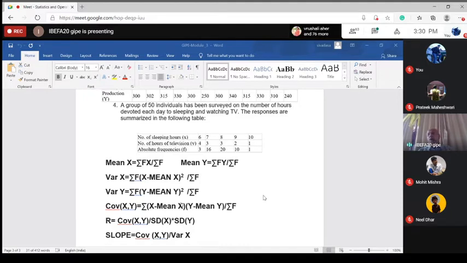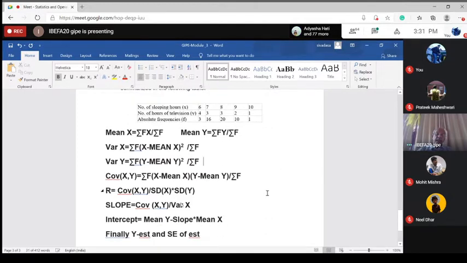This is the data, not given like the earlier question. So this is grouped data for 2 variables X and Y. Here, I have given the steps for computation.